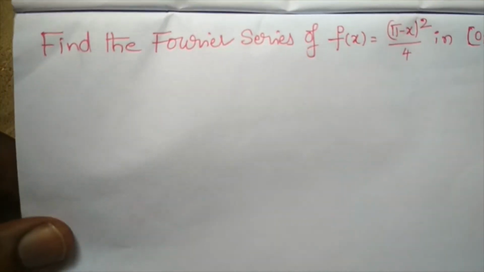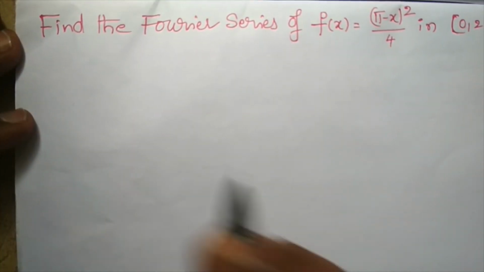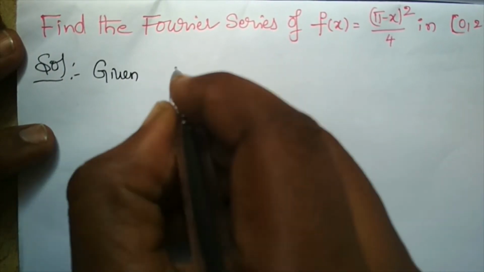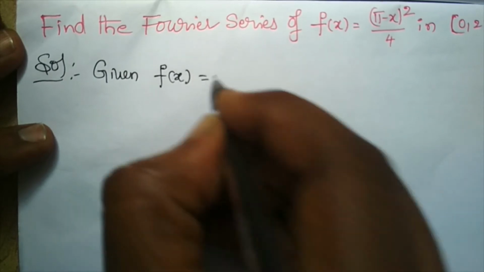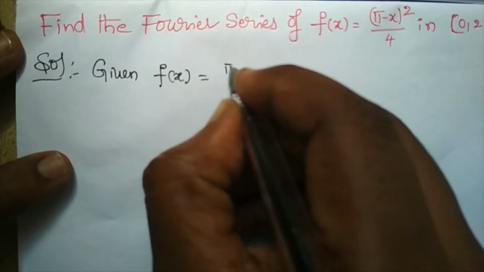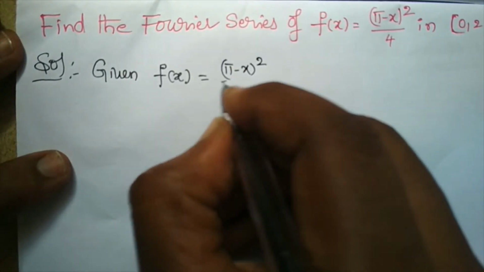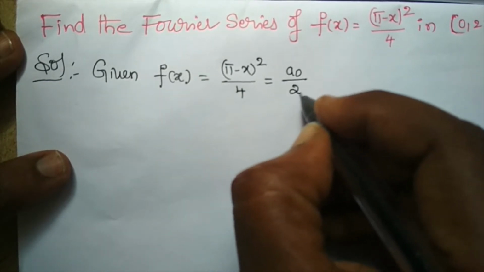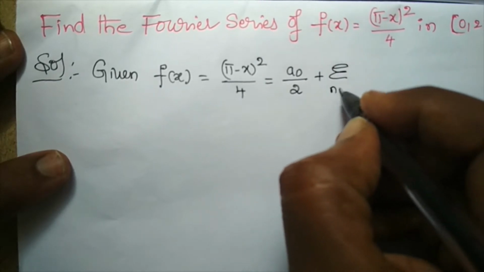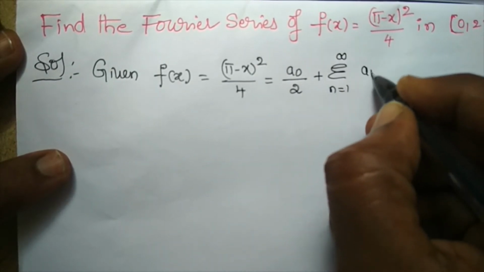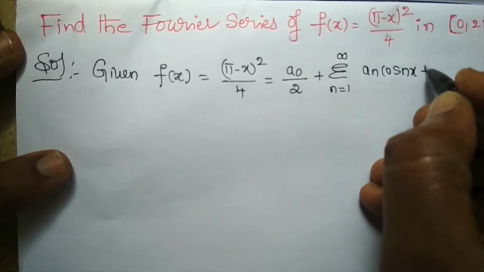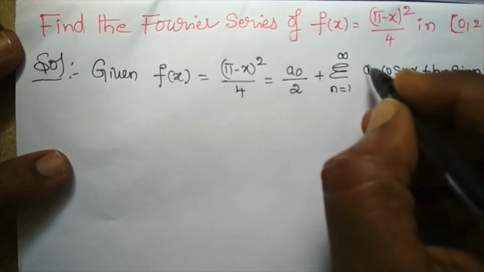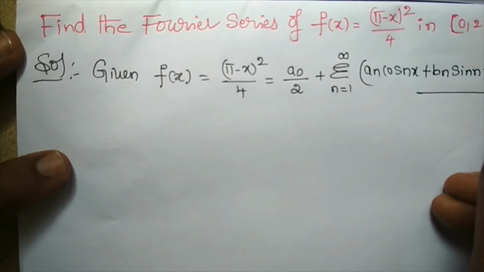Now we are going to take our given problem. Given f of x is equal to (pi minus x) whole square by 4. The Fourier series for this function is a0 by 2 plus summation n equals 1 to infinity of an cos nx plus bn sin nx, which is called equation number 1.